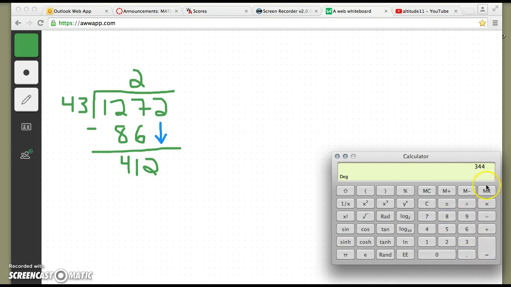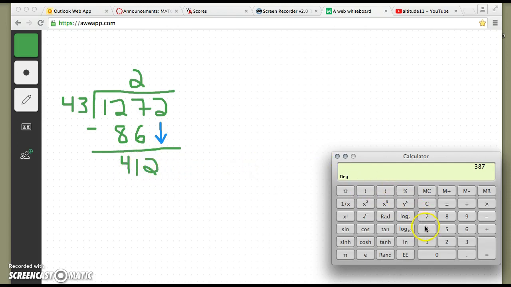So 43 times 8 is 344. So that is a number that is smaller than 412. So 43 times 8 goes into 412. Let's try 43 times 9 and see what we get. 43 times 9, that's 387. So that puts us closer to 412 without going over, which is what we're looking for.